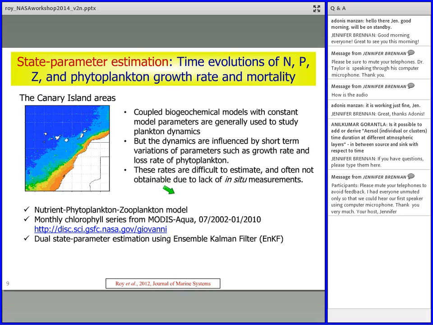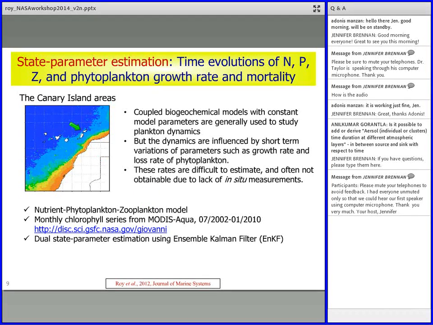And in this case, we consider a specific area, which is the Canary Islands area. And we consider a simple biogeochemical model, which is a nutrient phytoplankton zooplankton model. This model was parameterized in this area by the authors. However, the dynamics of phytoplankton in this area are influenced by several physical forcing and mesoscale dynamics.